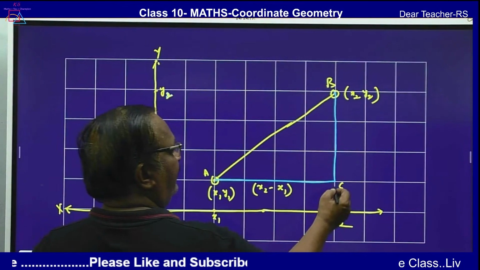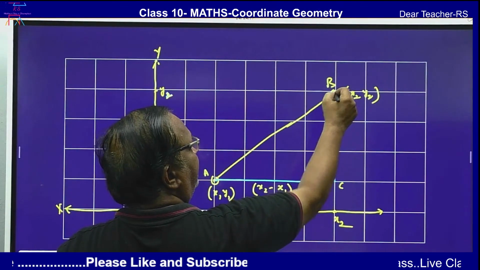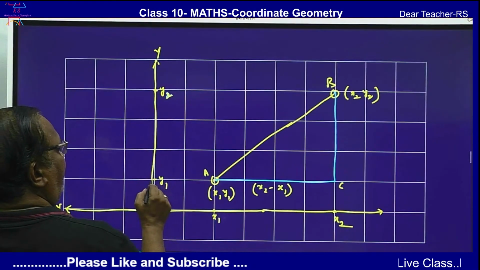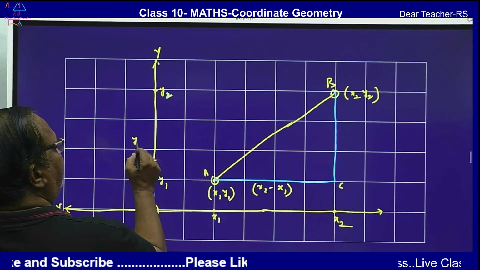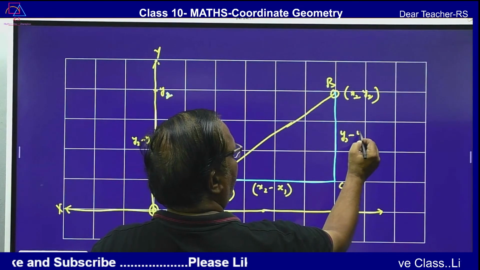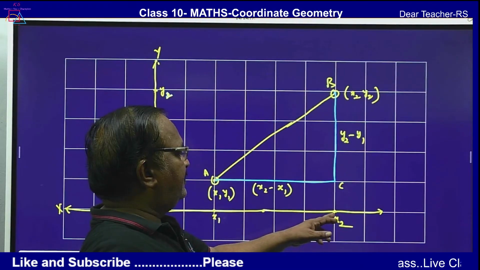Same way, the distance from here to here is y2. This is y1, and this is y2 minus y1. So here this is y2 minus y1, from the x-axis to B is y2.